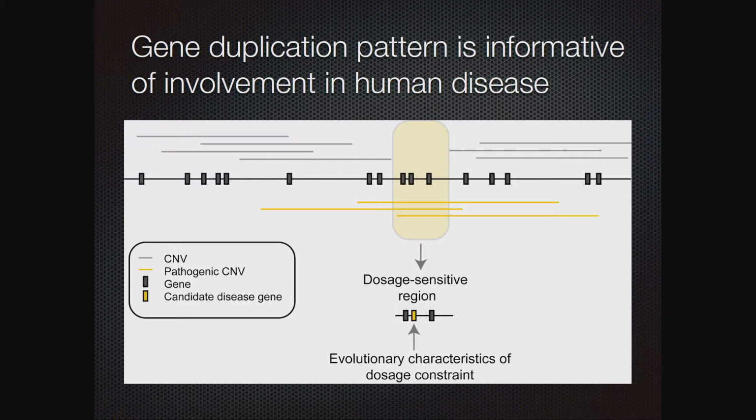And I've shaded them gray when they're present in individuals that don't have any condition. So you can see lots of these are happening and they don't matter at all. But sometimes you find these extra or different numbers of copies in individuals that have a condition. And so you want to try and zero in on this and say, well, what's happening in these individuals? Which genes are causing the condition?